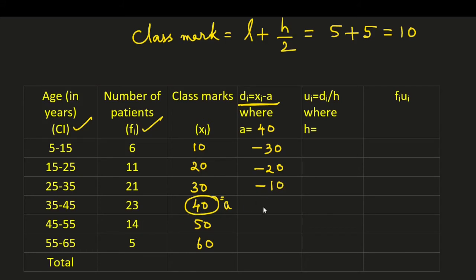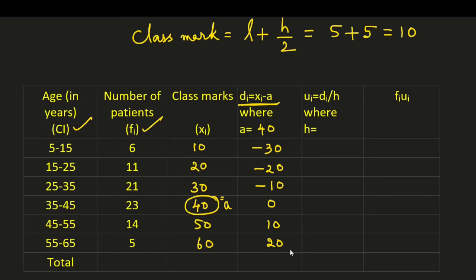Here xi value is 40 and a value is also 40, so 40 minus 40 we get 0. 50 minus 40 is positive 10. 60 minus 40 is positive 20.